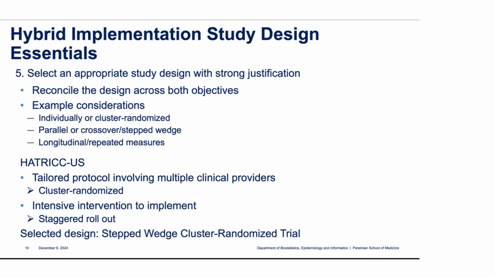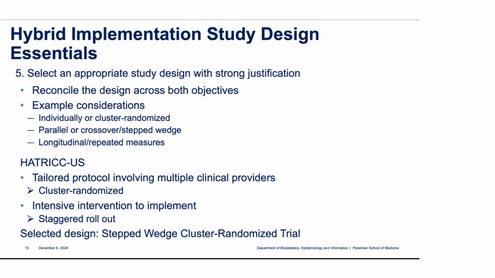Some of the considerations that would inform the study design that we select are whether we need to have an individually randomized or a cluster randomized study. Oftentimes, the nature of the intervention will determine whether it's appropriate to randomize individuals or if we need to randomize larger units.